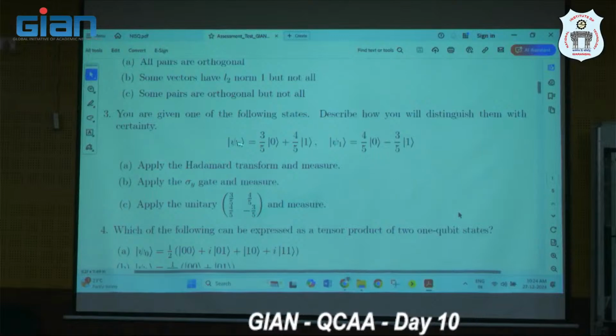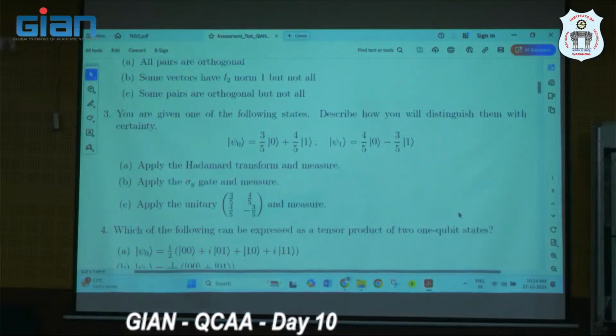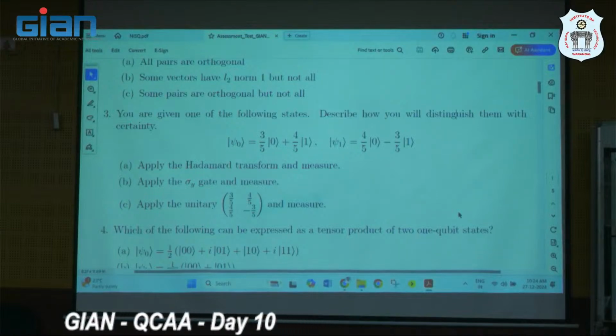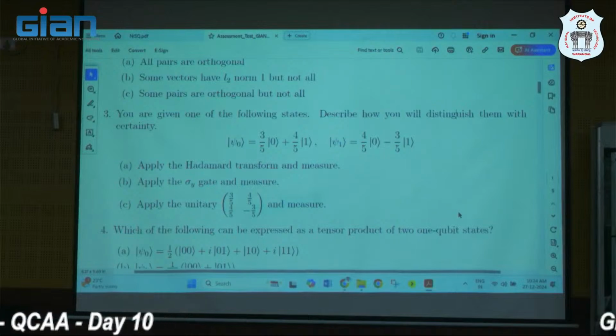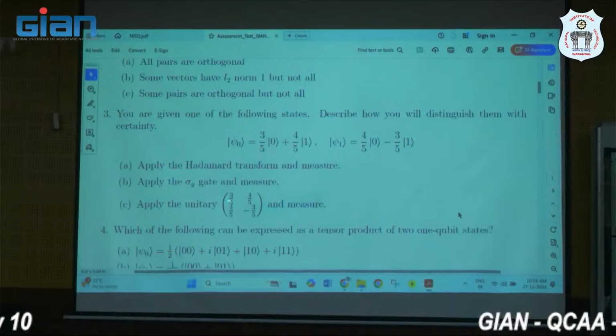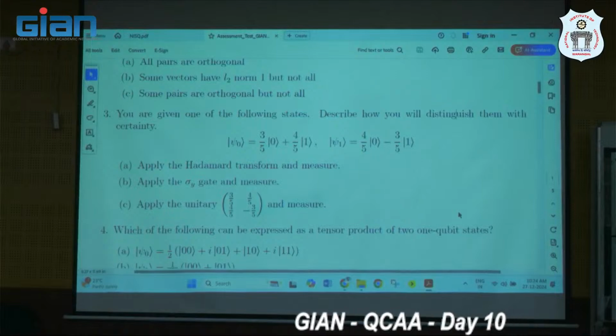Apply this unitary on psi 0. What is the column vector you get? Multiply this unitary with the vector psi 0.